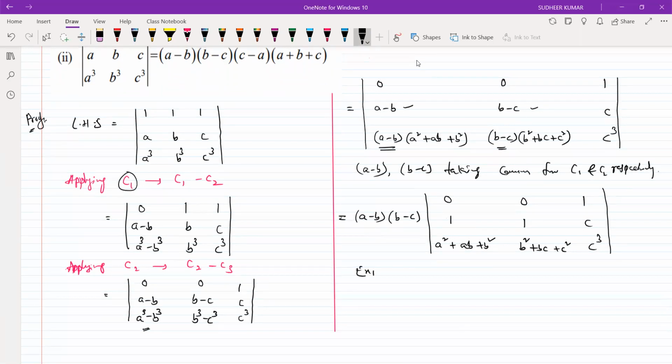So now expanding along R1, because R1 has the maximum number of zeros.